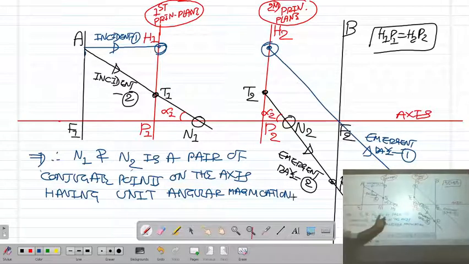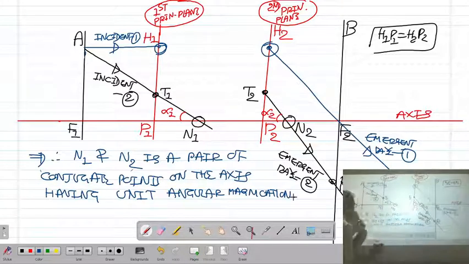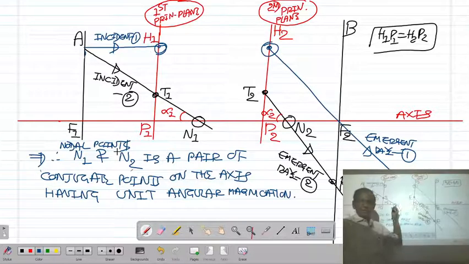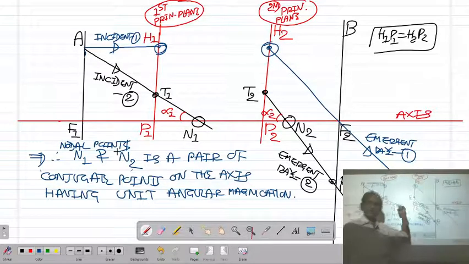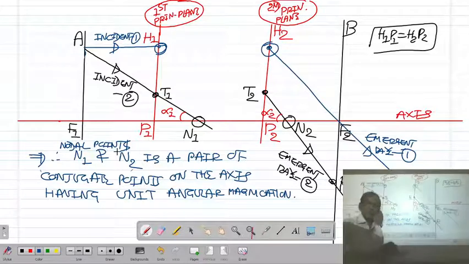Right? So N1 and N2 are the nodal points. The unit angular magnification of the nodal points is 1. Therefore, nodal points N1 and N2 is a pair of conjugate points on the axis having unit angular magnification.